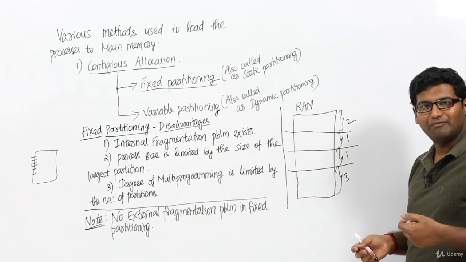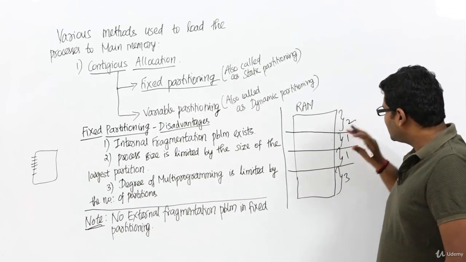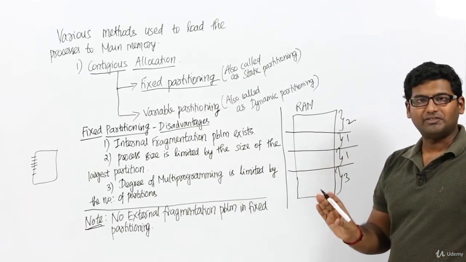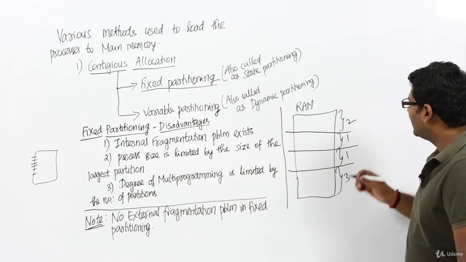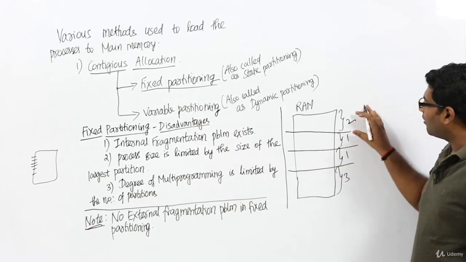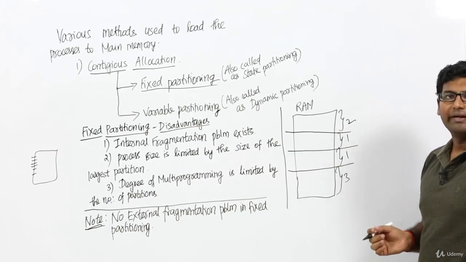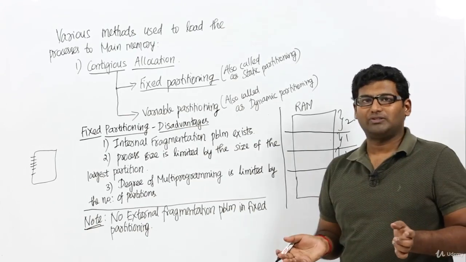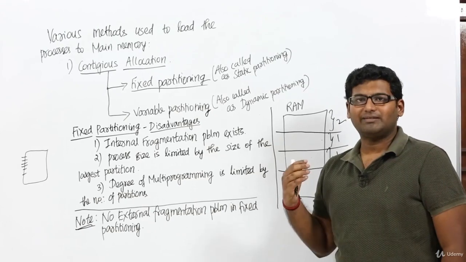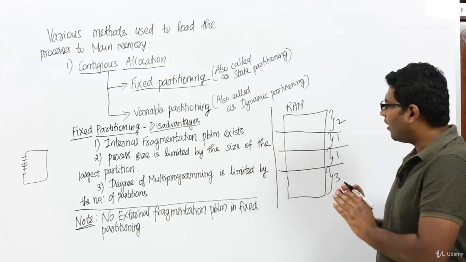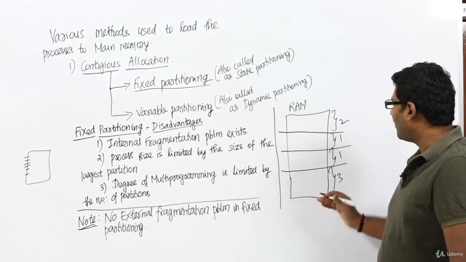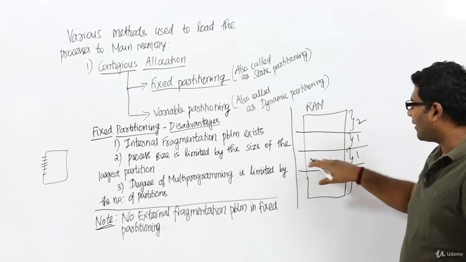Why are they using the word fixed here? Because these partition sizes will remain fixed, they will never change. For example, the first partition will always have 2 MB, the second partition will always have 1 MB, irrespective of the size of our process. Whatever be the size of our process, throughout, this is how our computer's RAM will be partitioned.